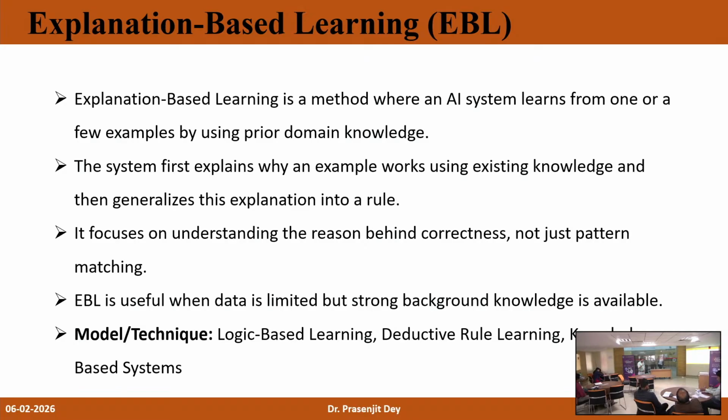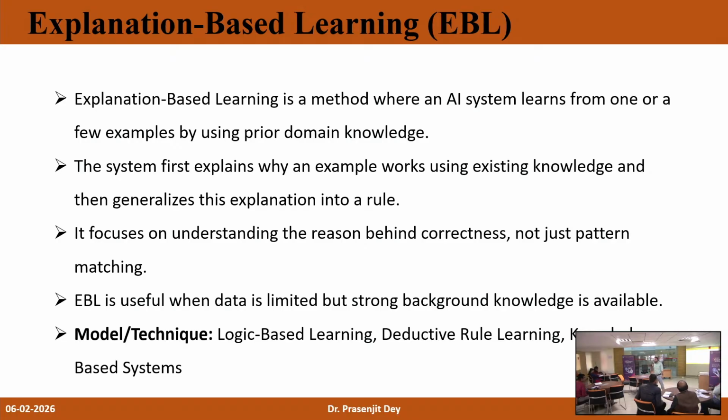Suppose I am a physicist. If a physics problem comes to me, even if I have seen very few examples, as I have huge knowledge related to the physics domain, I can use my domain knowledge and come up with an answer.